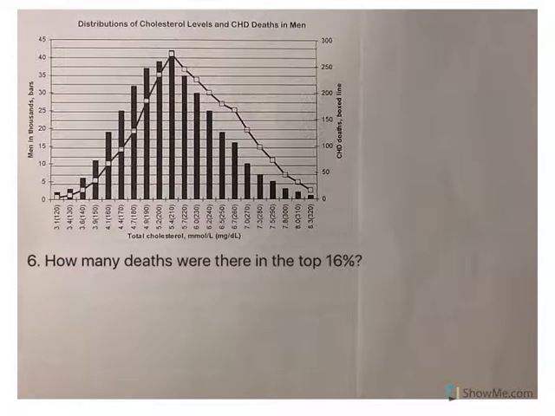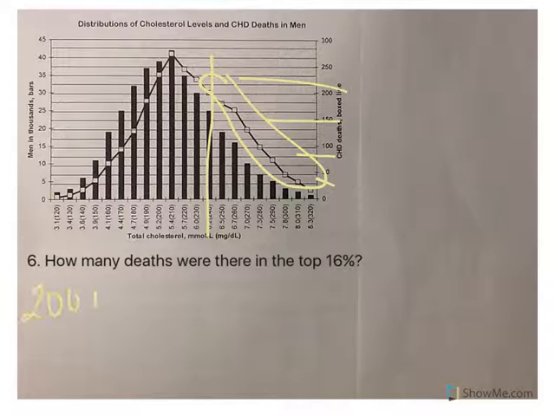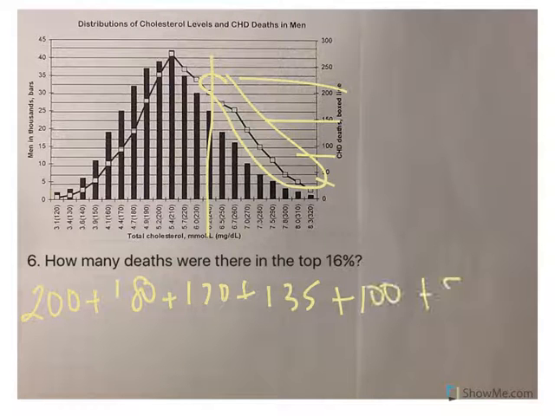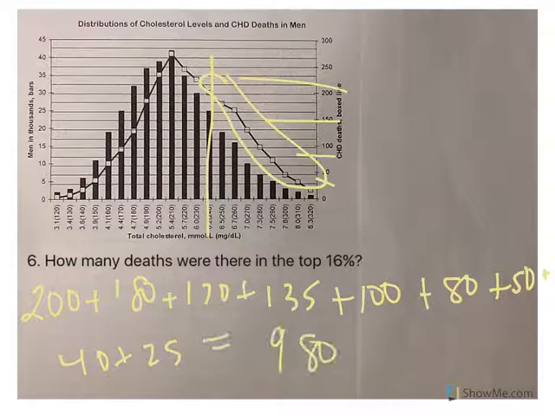Then I want to know how many deaths. So again, we're at 241, but now I've got to look at just the boxes, and again, we're using this side. So for number 6, I used 200, 180, 170, 135, 100, 80, 50, 40, and 25 for an answer of 980.